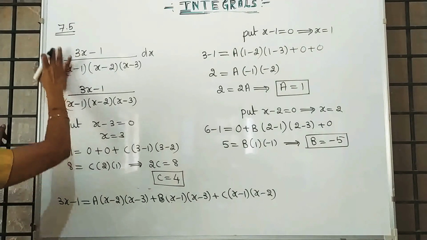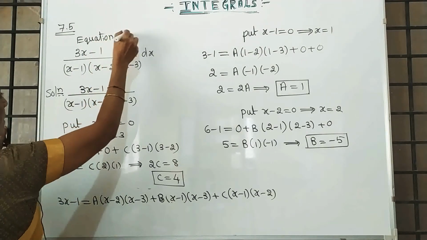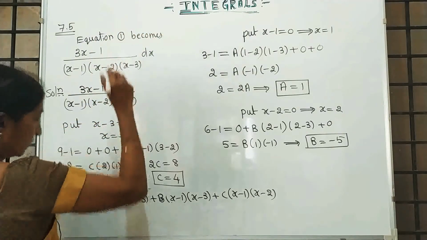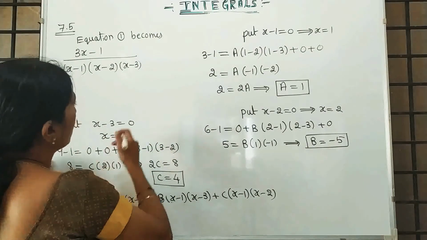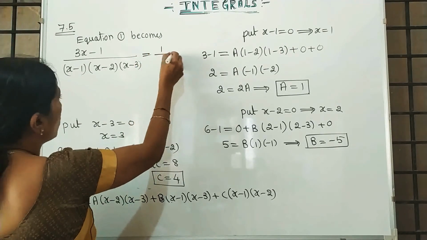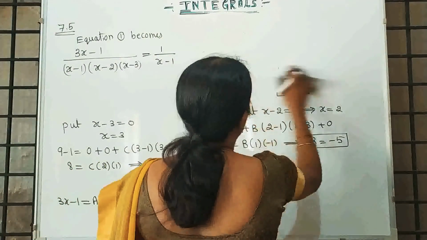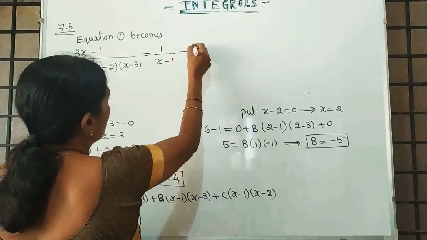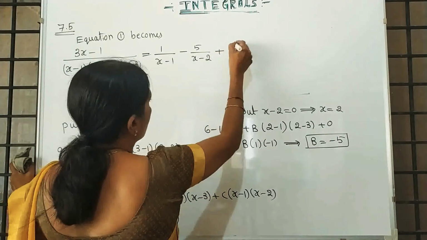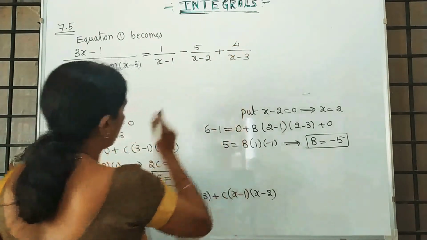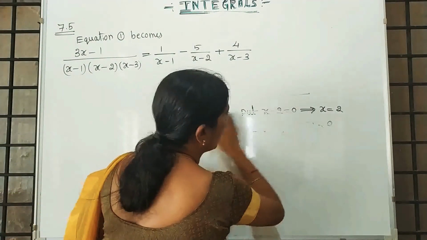Therefore, equation 1 becomes (3x minus 1) upon (x minus 1)(x minus 2)(x minus 3) is equal to 1 upon x minus 1, minus 5 upon x minus 2, plus 4 upon x minus 3. Now integrate both sides with respect to x.